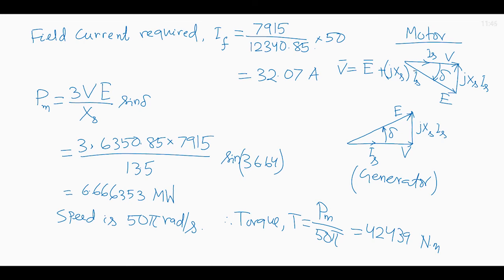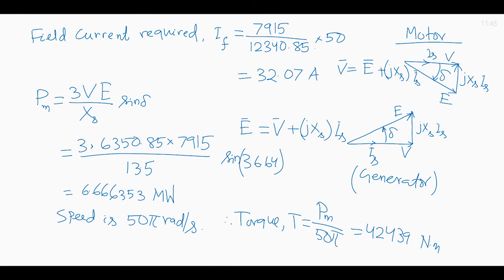And for a generator, the voltage and induced EMF relation is also the same, that is V plus the stator reactance drop jXS IS is the induced EMF E, the generated EMF.